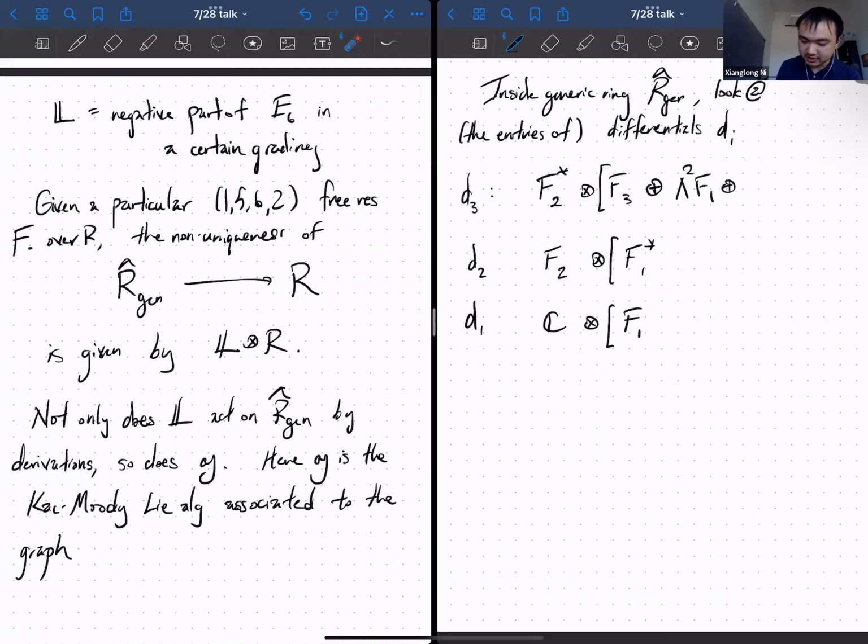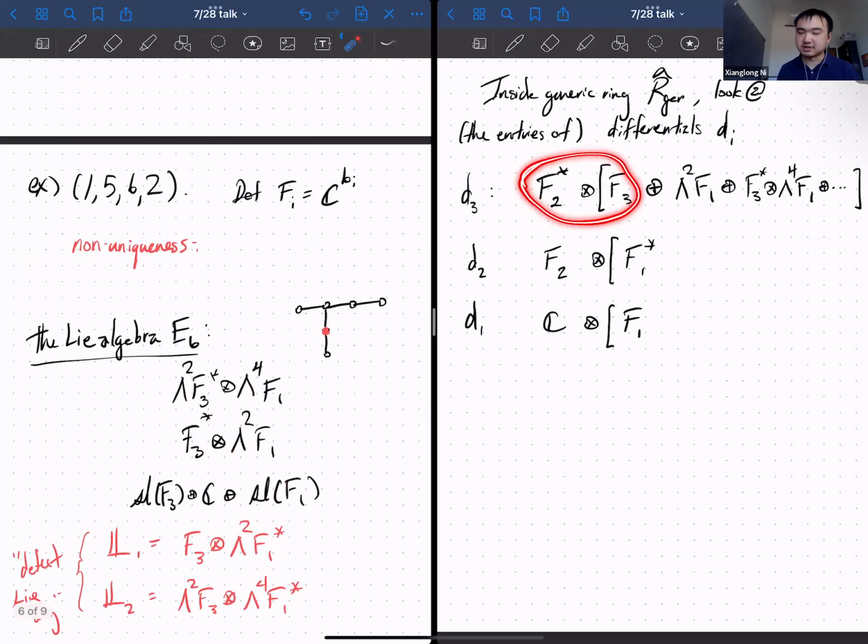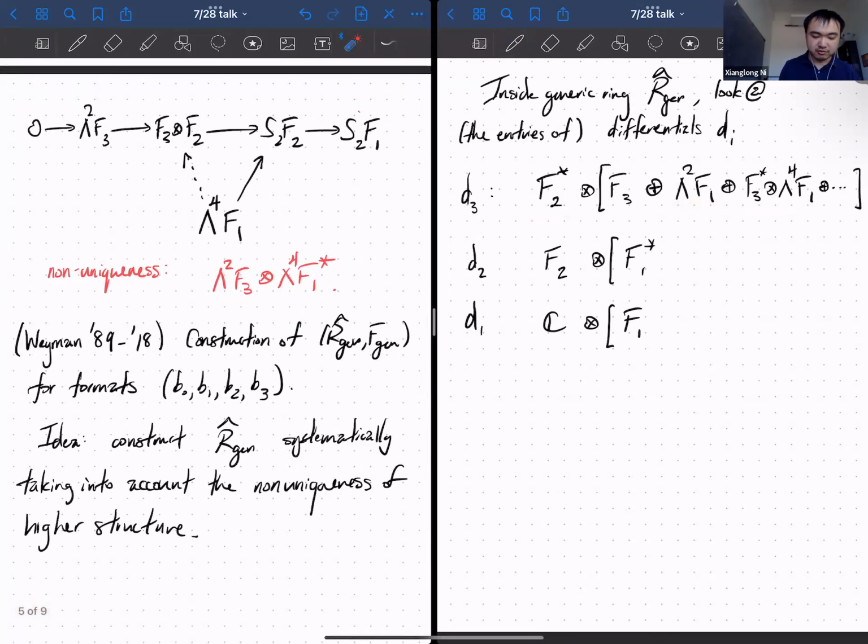The next one is F2 dual tensor F3 dual tensor wedge 4 F1, and so on. By the way, this is the reason why I talked about the multiplicative structure and this other structure map earlier, because just as this representation gives the entries of the differential, this one gives the choice of multiplicative structure, and this one gives this other structure map that I had defined before right here.